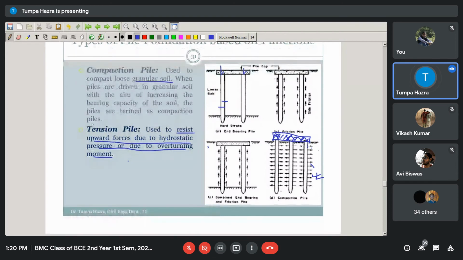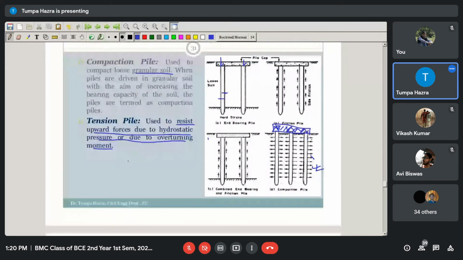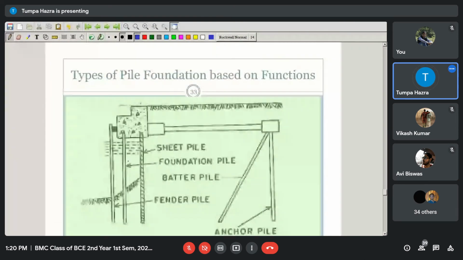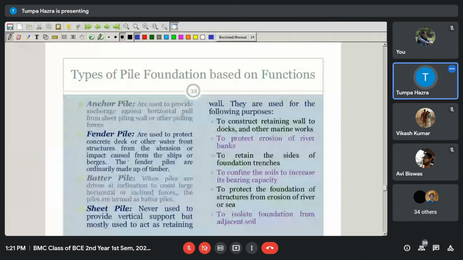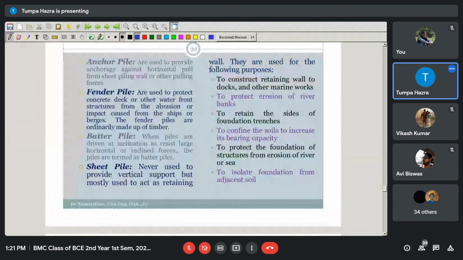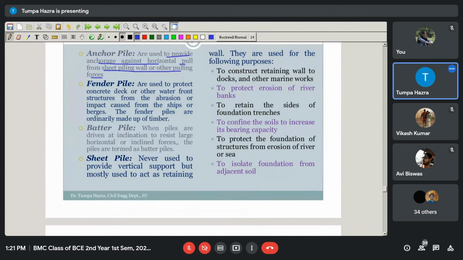Now, another type of pile is the anchor pile. These piles are used to provide anchorage against the horizontal pull from sheet piling wall or other pulling forces.